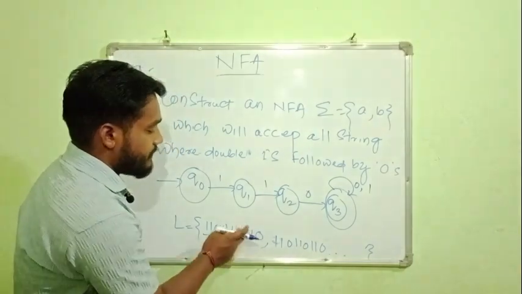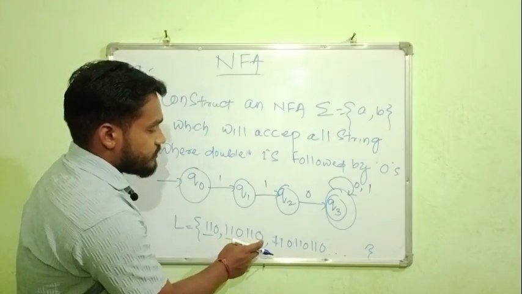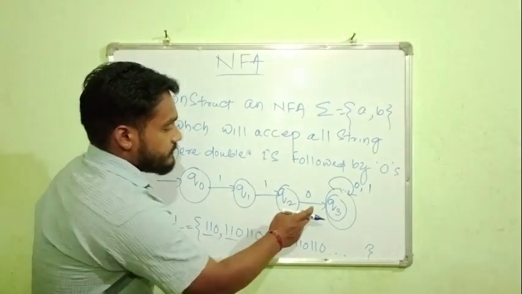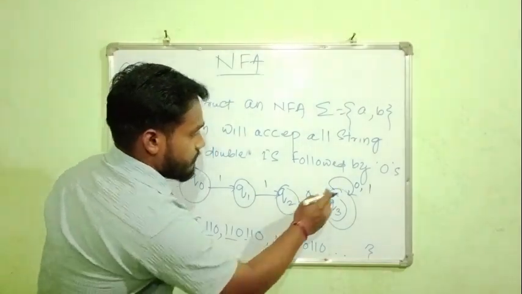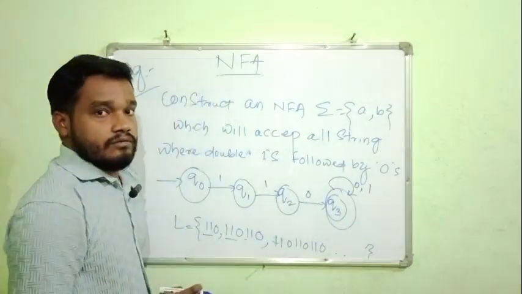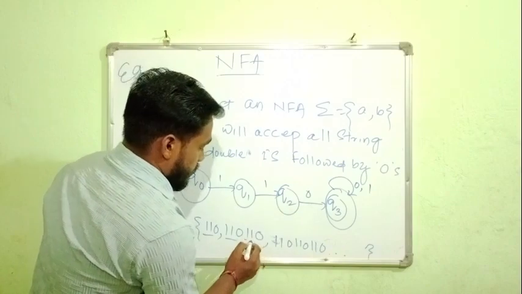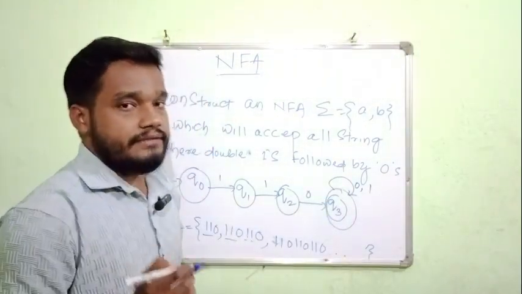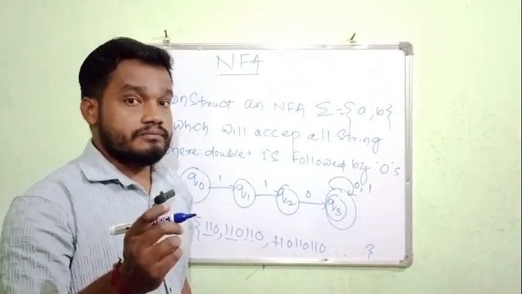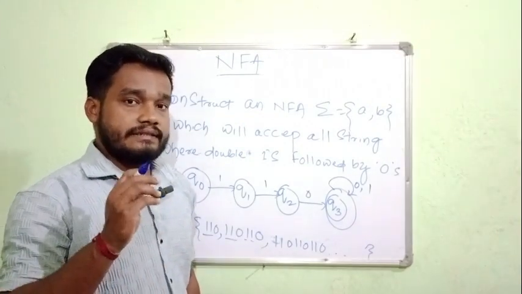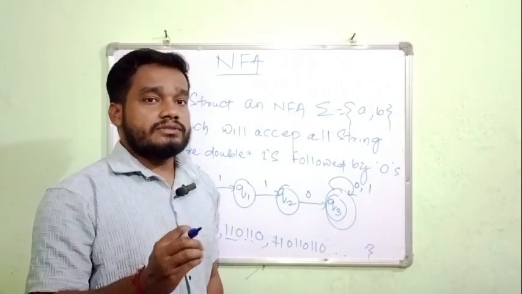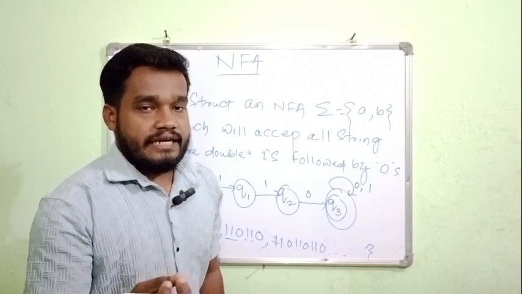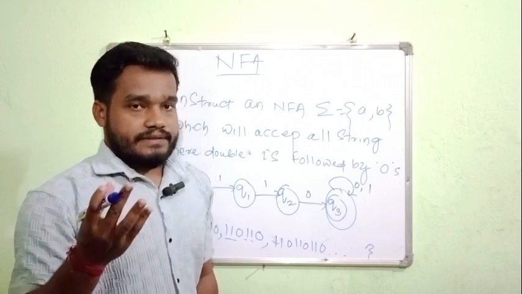The second string will be 110 110, and the repeated part will come from the looping transition, because if we use a transition as a loop, that means we can use the value multiple times as per our requirement.